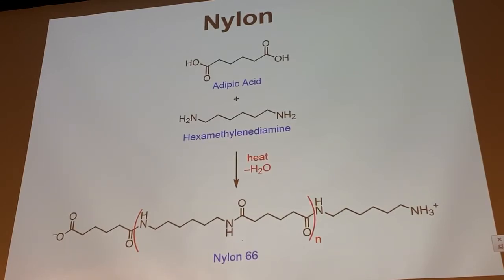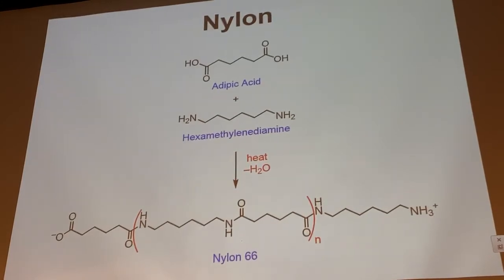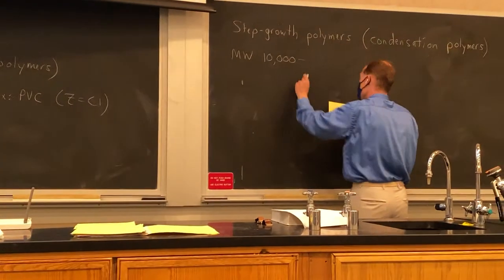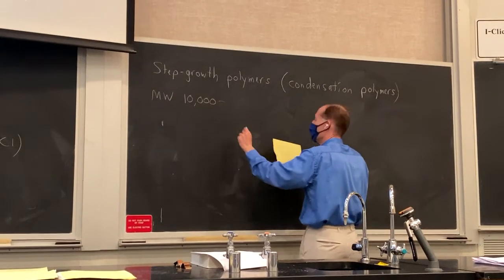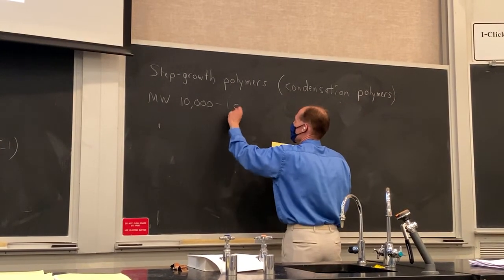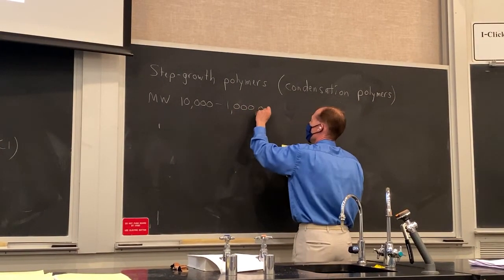Okay, so a couple of other general facts about polymers that apply to both types of polymers. They're large molecules, and so as you might imagine, they have large molecular weights. Most polymers have molecular weights in the range of 10,000 to 1,000,000 Daltons.